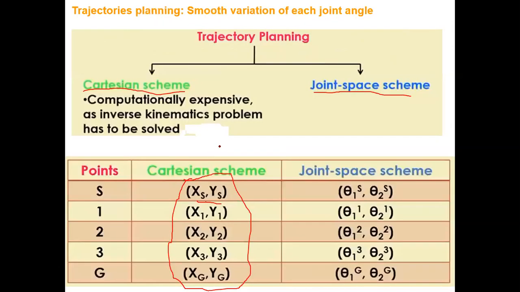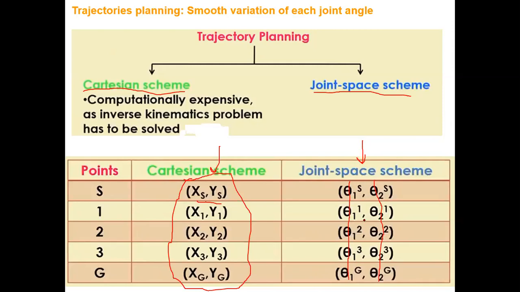So we have 2 kinds of scheme, which is Cartesian scheme and joint space scheme, okay? In the joint space scheme, your theta 1 goes from theta 1s, theta 1,1, theta 1,2, theta 1,3, theta 1g. That's how theta 1 goes. Similarly, theta 2 goes from theta 2s up to theta 2g.